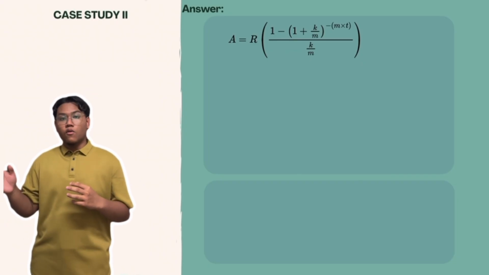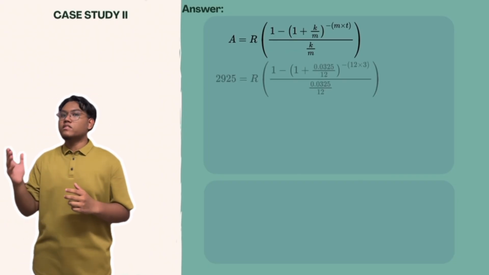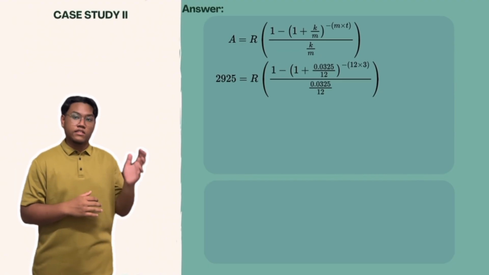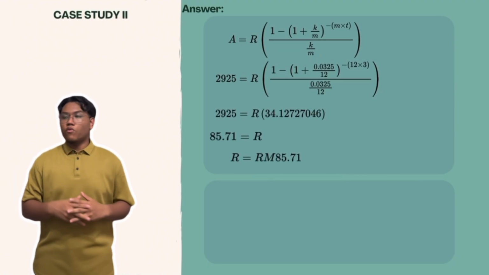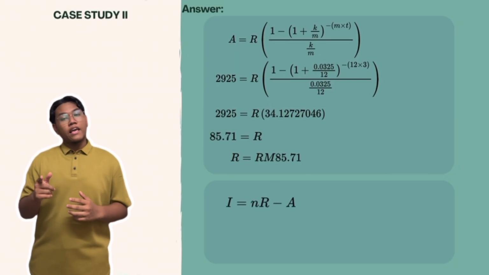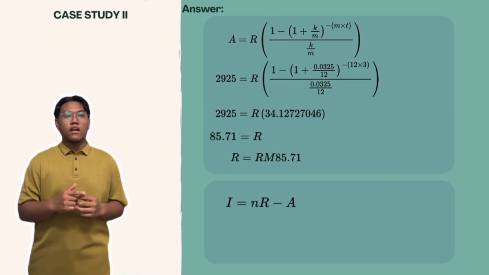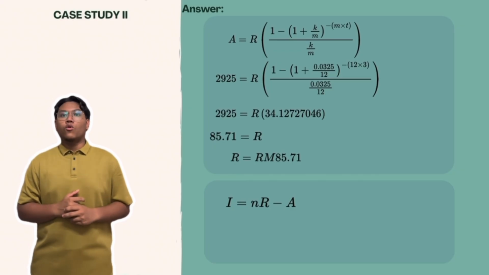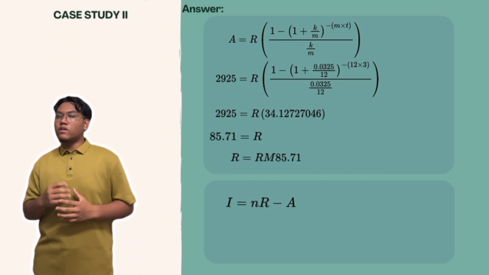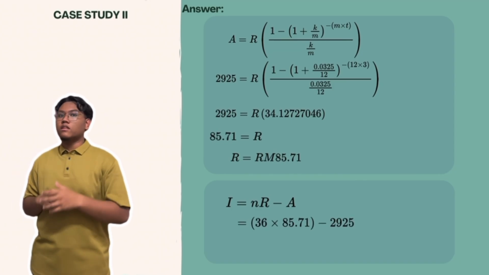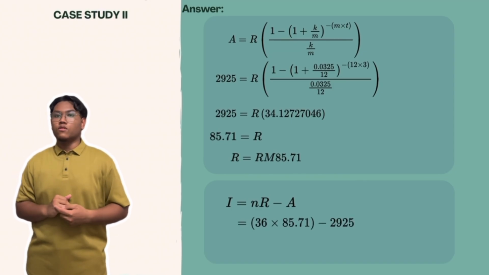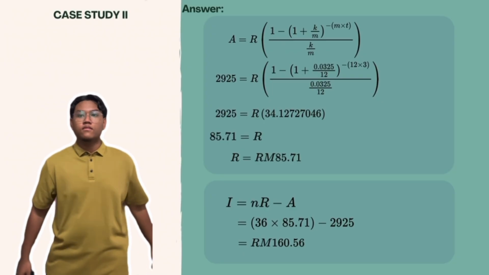From that formula, we just substitute all the information that we have listed from the question, so we get the answer. For the interest, we are going to use I equals n times R minus A. Again, we just take the information that we have listed and put it in the equation, so we get the answer.